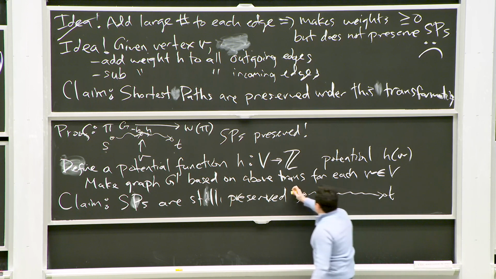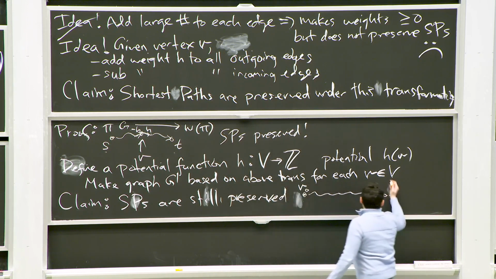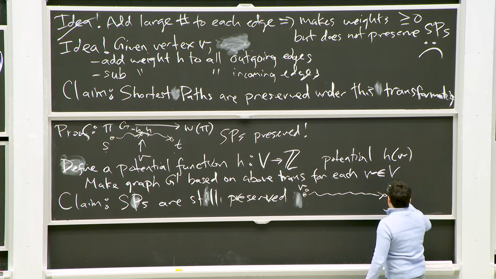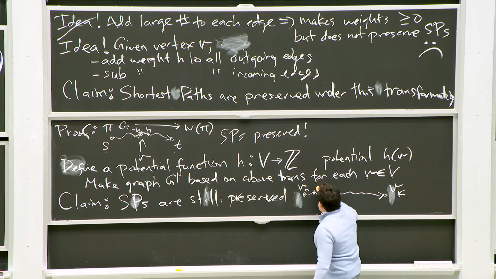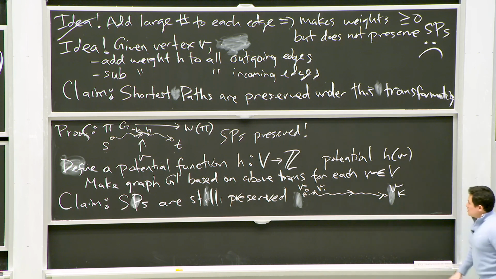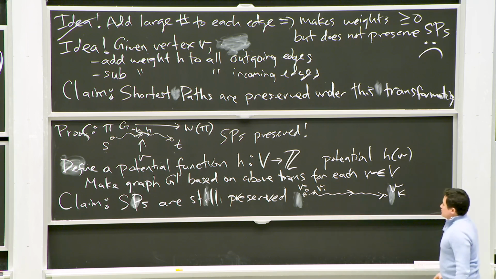I'm going to label these V0 to VK so that I can number them. This is V1 here. This is a directed path, okay? V1, 2, 3, 4, 5, all the way up to K. There are K edges in this graph, right?